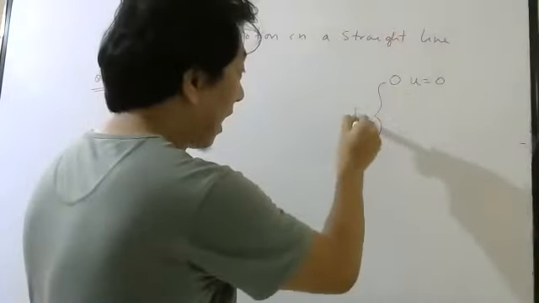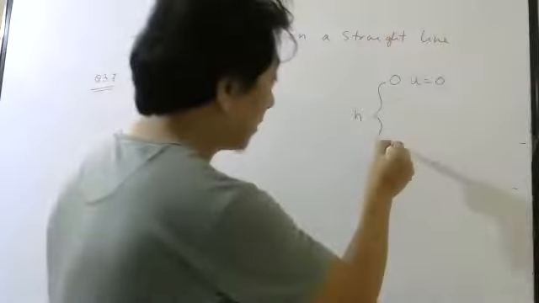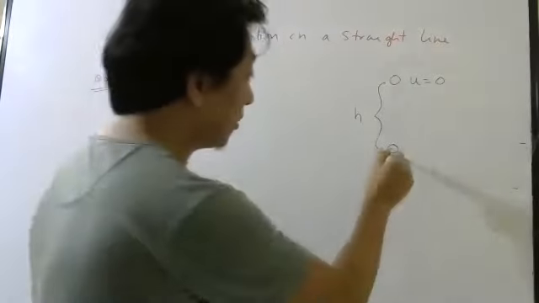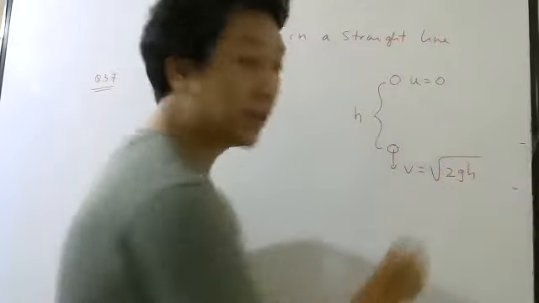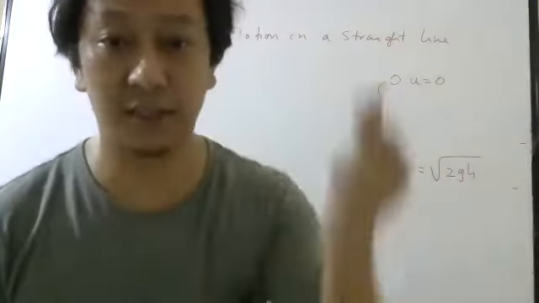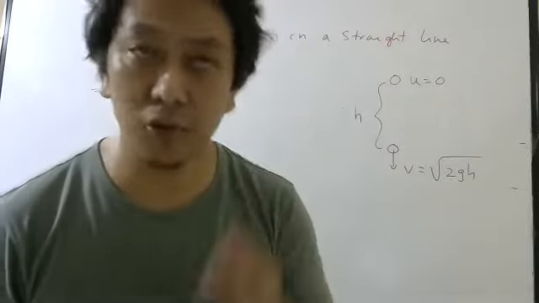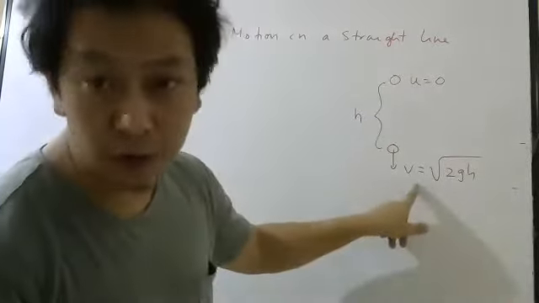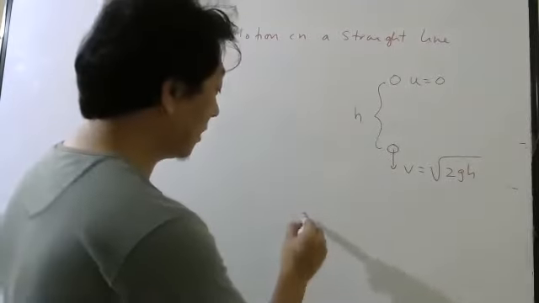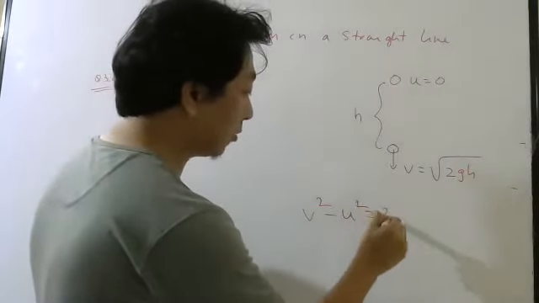As it falls a height of h, how much velocity does it have by the time it reaches here? Root of 2gh. This answer should be told fast. You should not take time or think, wait sir, how do I get this formula? All of you remember which formula I applied? V square minus u square equals 2as.